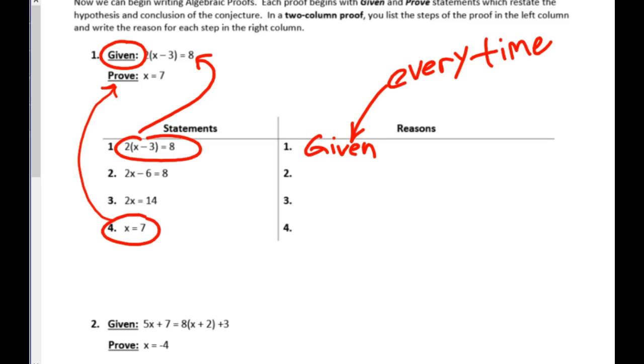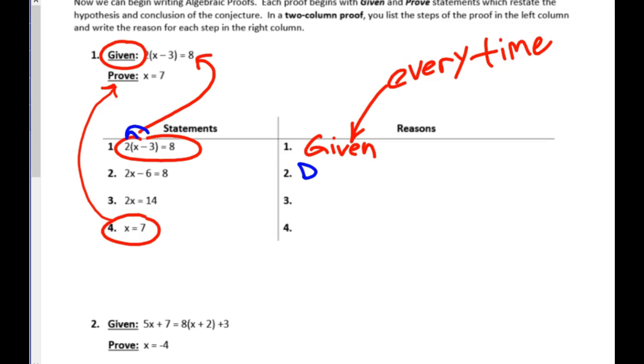Now, like I said, every one of these problems was on the warm-up, so you hopefully already recognize all the math here. On the left-hand side of this equation, these parentheses disappeared. What happened from step 1 to step 2? When you see parentheses that kind of just go away, that probably means they distributed the number in front of the parentheses. And that's what happened, right? 2 times x, 2 times negative 3.